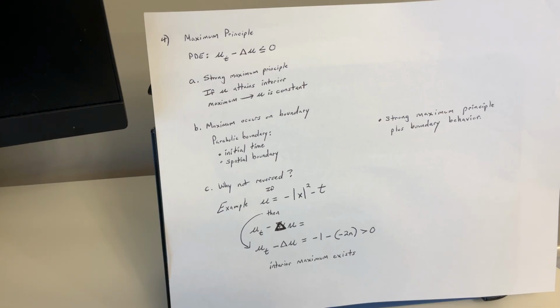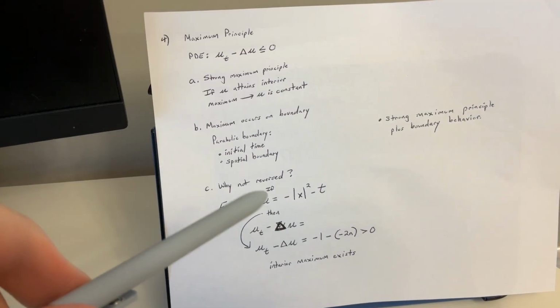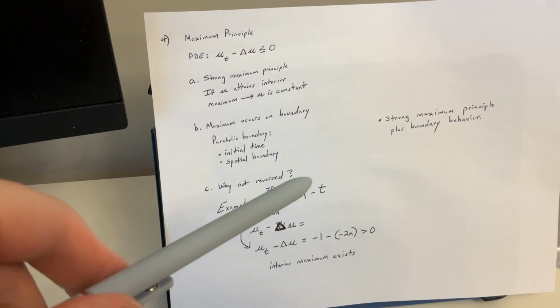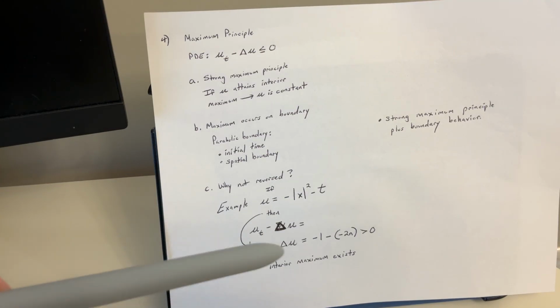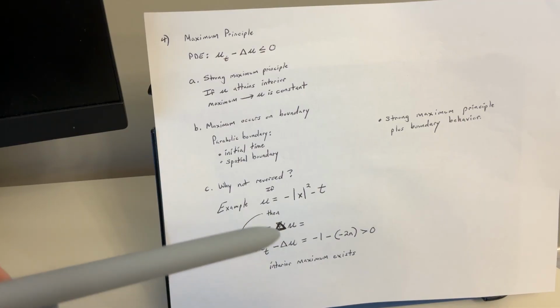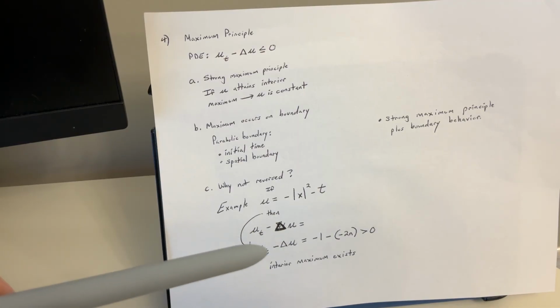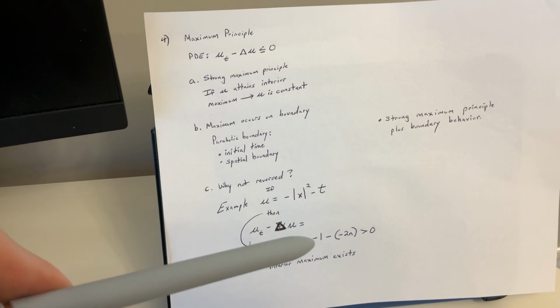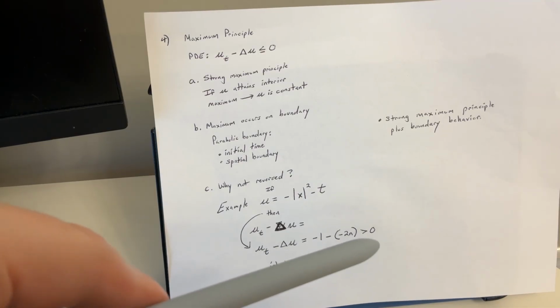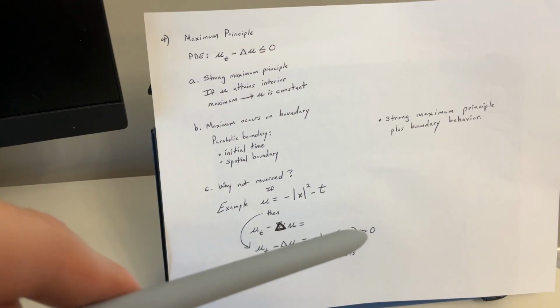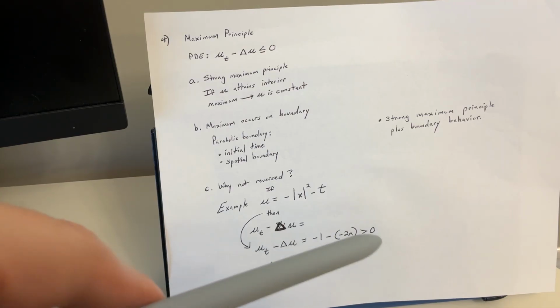Now for part C, they want to know why the condition is not reversed. If we were to do an example, if u equals negative absolute value of x squared minus t, then, I just rewrote this because it was a little sloppy, sorry, u sub t minus the Laplacian of u equals negative 1 minus negative 2n, which is greater than 0 because we get negative 1 plus 2n.